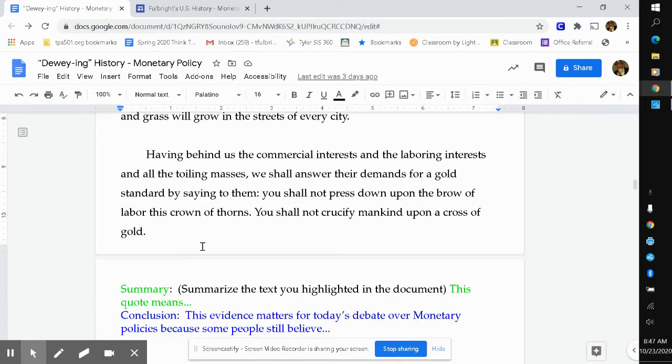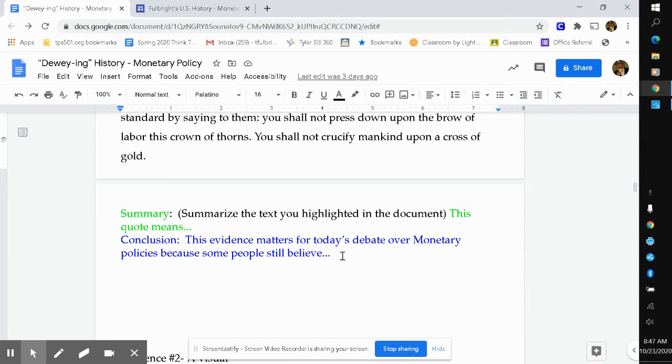Think about that and how it would relate to today's debate over monetary policies. Who do some people think the government should be trying to help? Is it the people who are already successful, or is it the people who are struggling? Are the people who are struggling the ones who need to take out loans? Consider that.